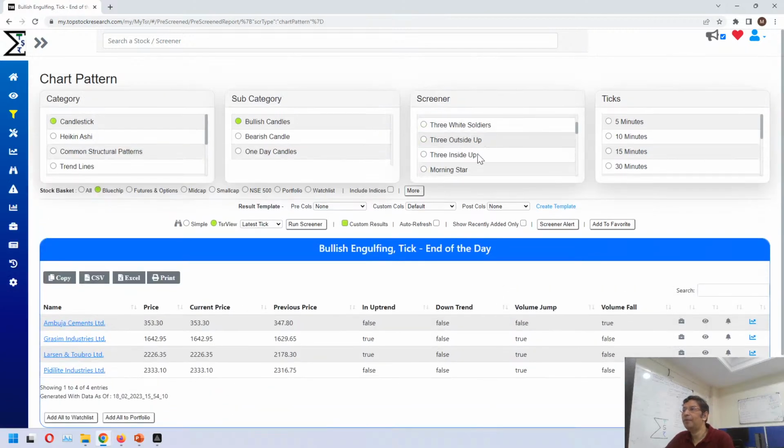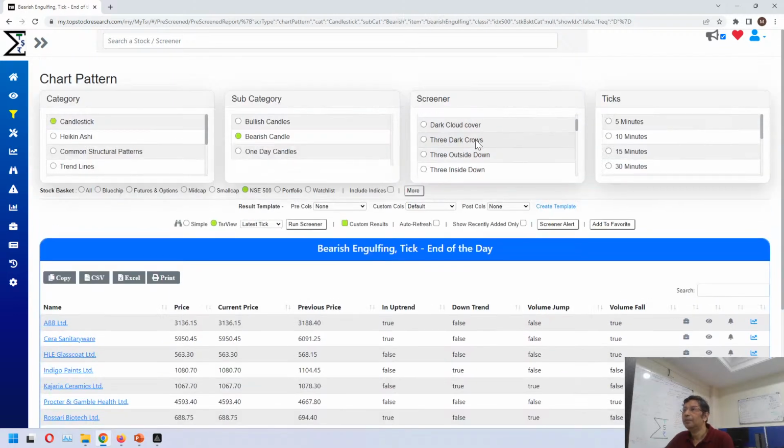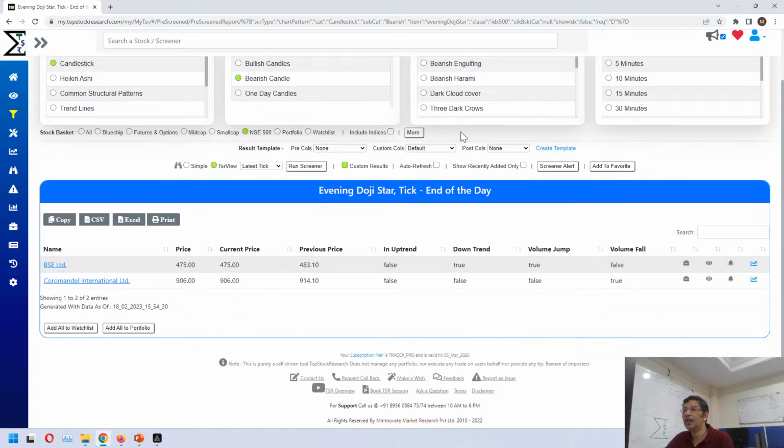It's not a very common pattern, morning star. No records in NSE 500. Okay. Morning doji star, again no pattern. Abandoned baby bullish, obviously rare, right? Let's look at the bearish patterns. Let's look at evening doji star. Okay, we find a few evening doji star patterns at the end of the day.